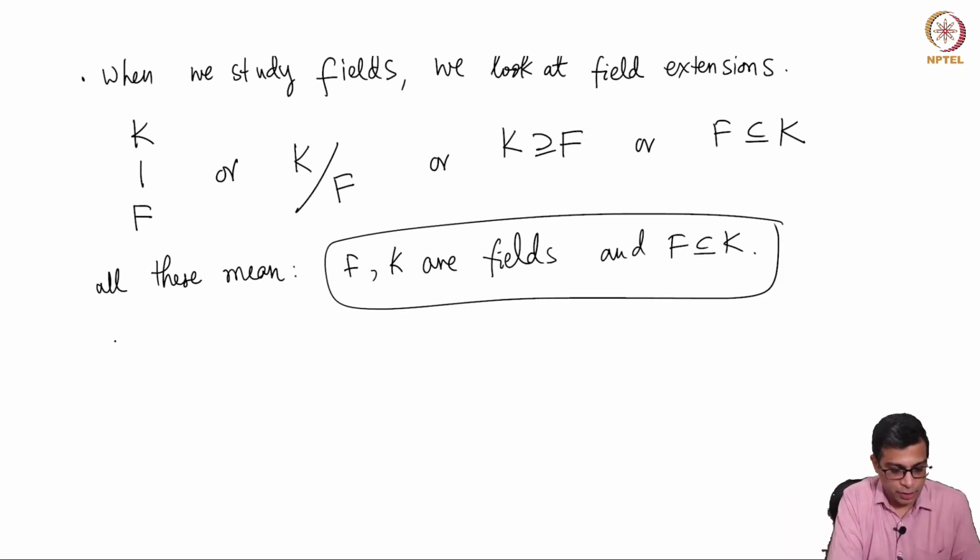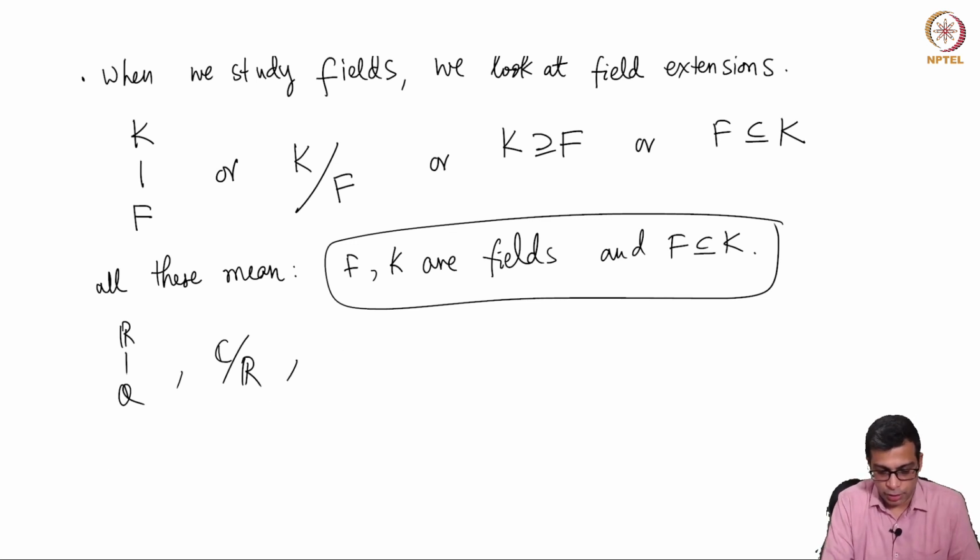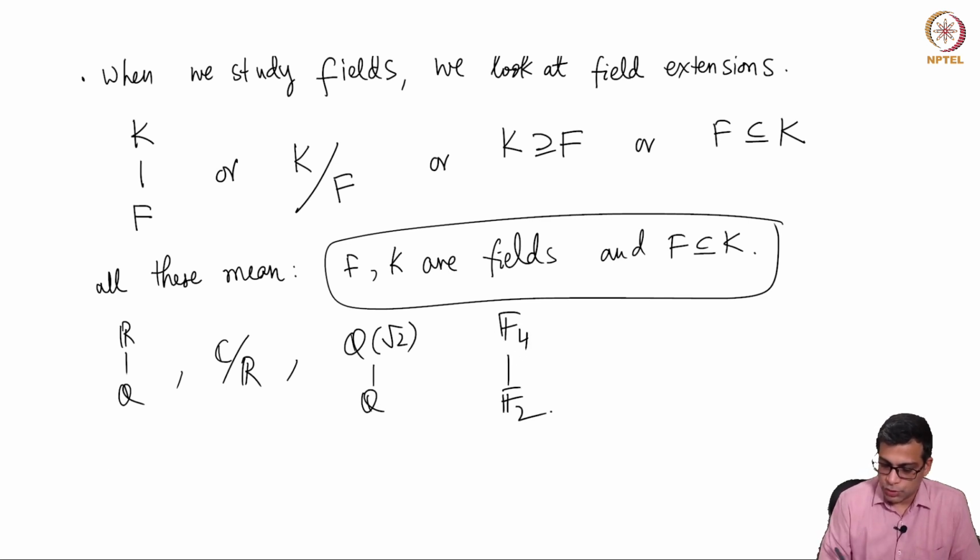For example, we write R over Q or C over R, and Q(root 2) over Q, etc. Or F_4 over F_2. This is a field of order 2.